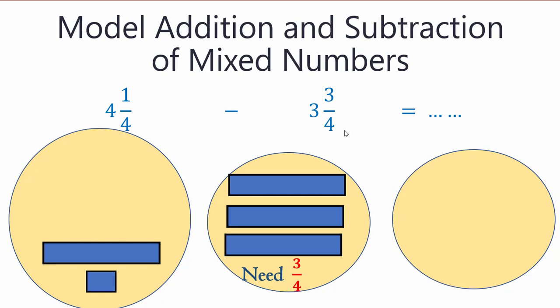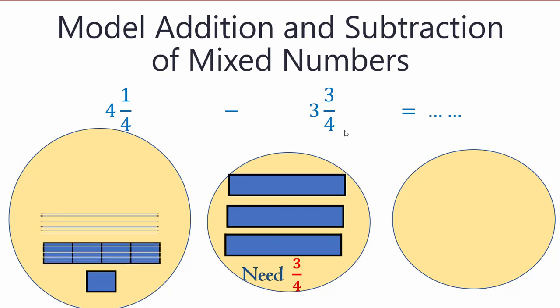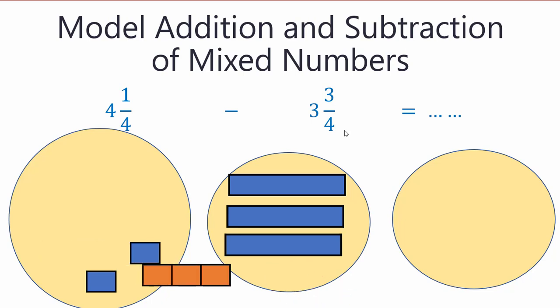What can we do? Oh, I have an idea. What about this whole? Do you see it? What about breaking it into fourths? We will take one from it. So break it into 4/4. Count them: 1, 2, 3, 4. And take 3 of these and put them here to be the 3/4 that we need.